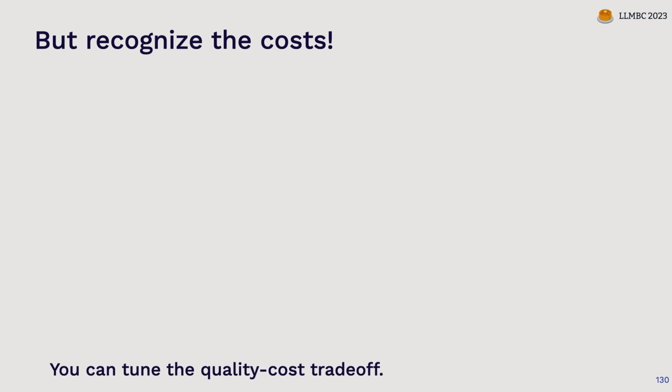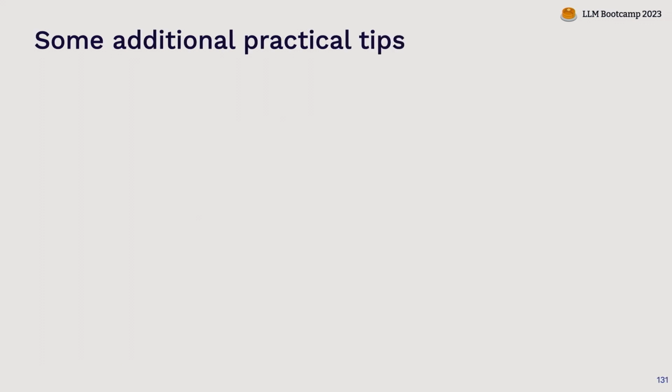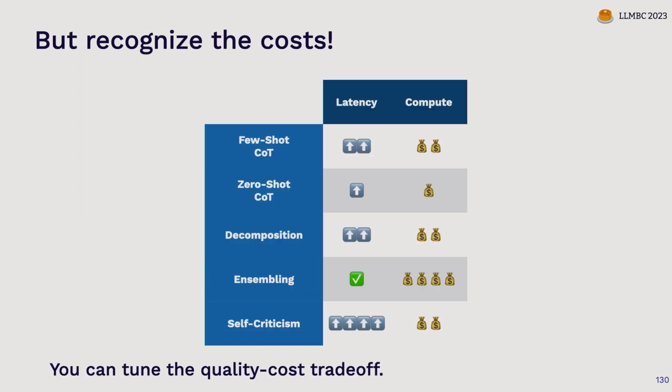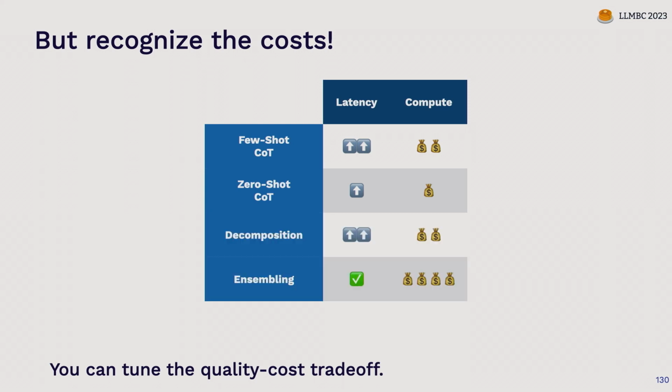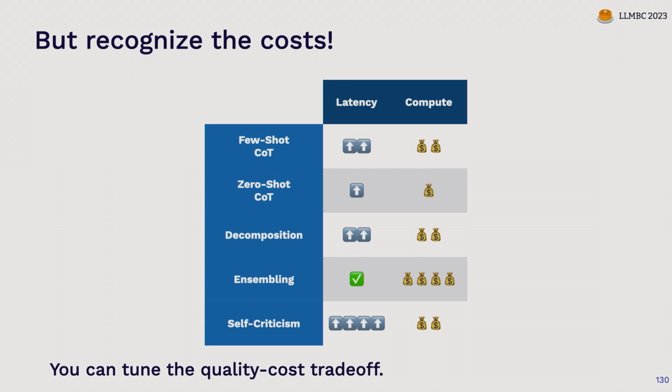So an important trade-off here is that each of these techniques comes at a cost. Few-shot chain of thought is, again, asking the model to follow a sequence of steps.